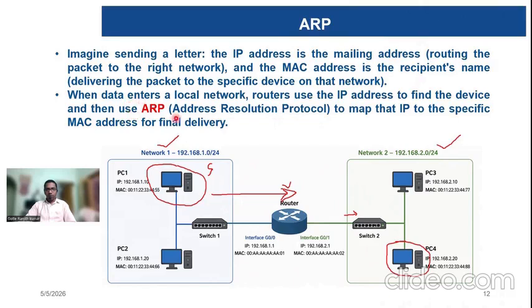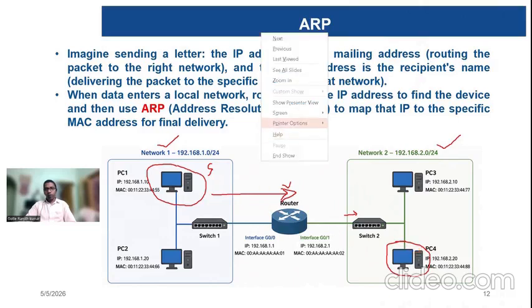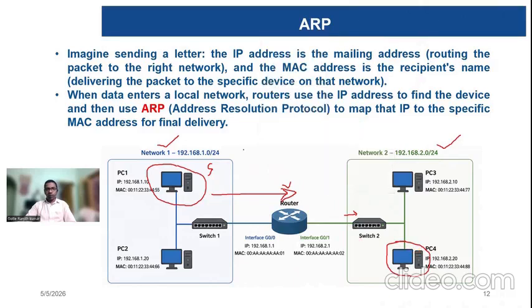Once this ARP packet obtains the MAC address of the destination, then ICMP protocol will be used. Next, ICMP protocol, that is Internet Control Message Protocol.